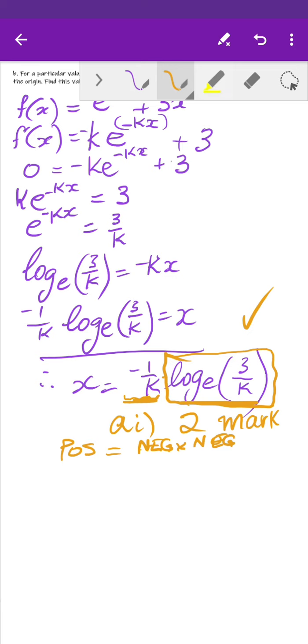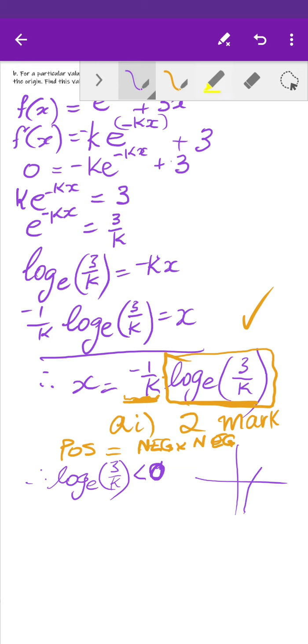So we want, therefore, log to base e of 3 over k to be less than 0. Now I'm going to just use the graph of this to show you what I'm talking about. That crosses at 1. Let this be the log of 3 over k, so the x-axis is 3 over k.